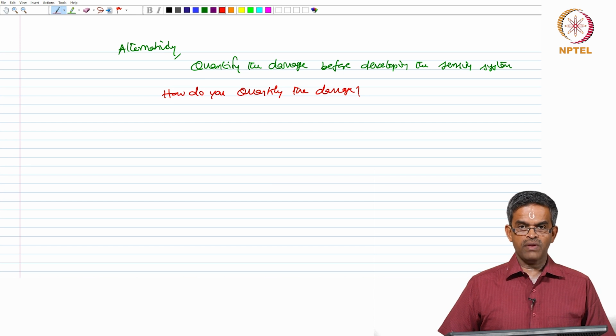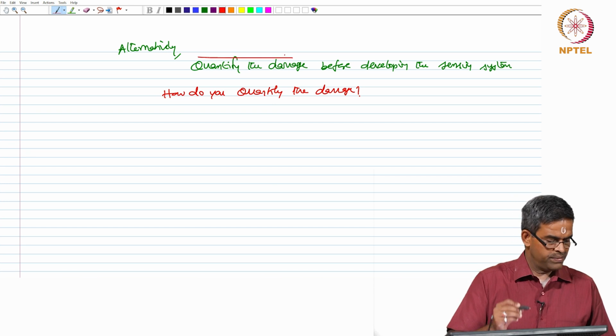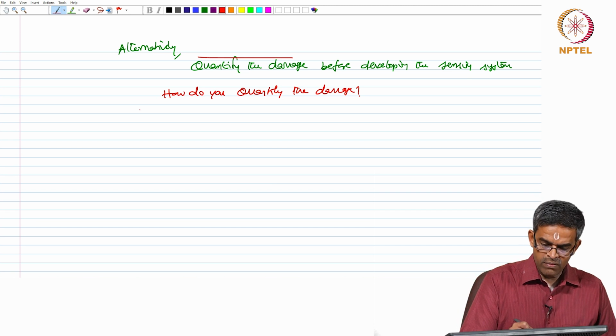So, now the question is, if you really want to custom design the sensing system, then you have got to quantify the damage. So, how do you quantify the damage? Now, to quantify the damage, we need to have numerical simulation.